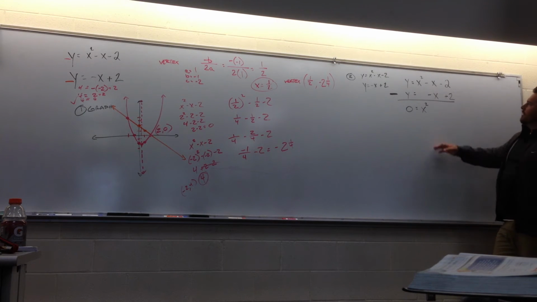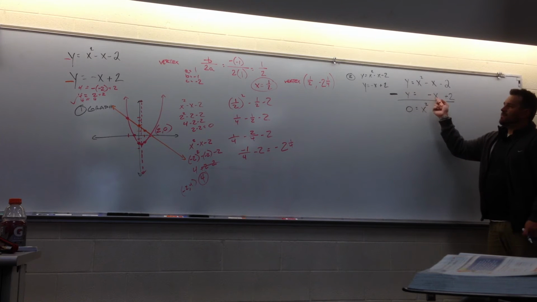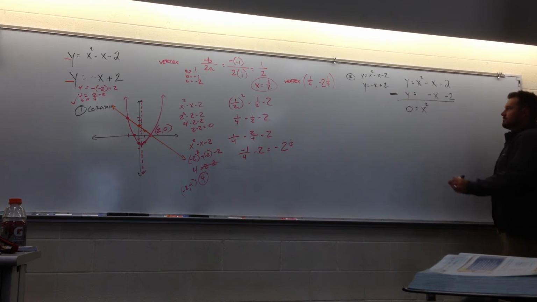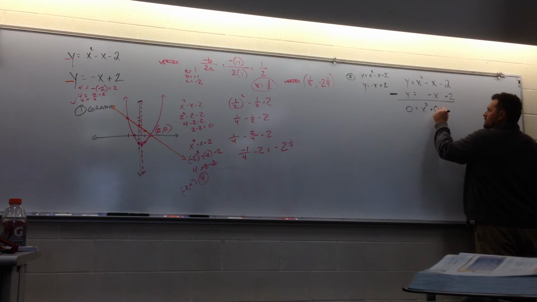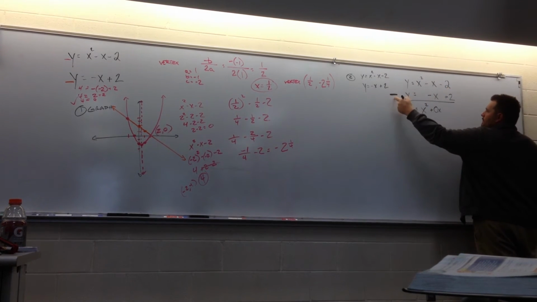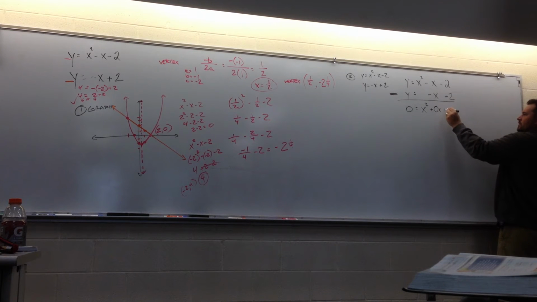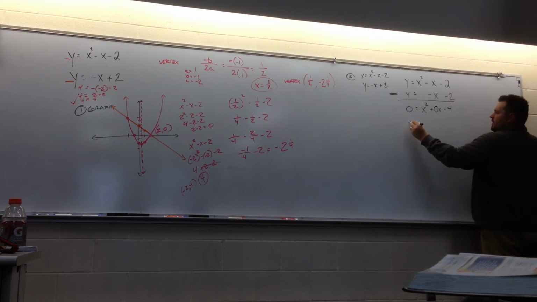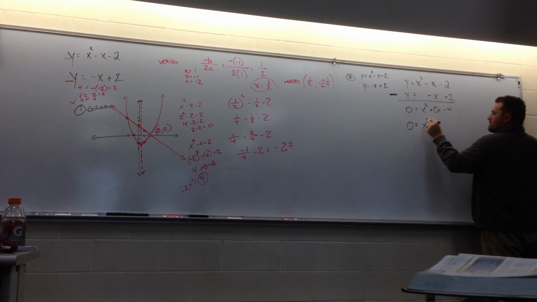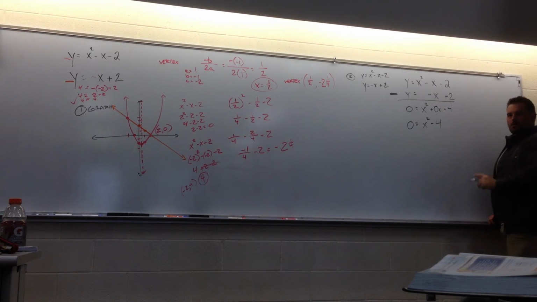What is minus negative x? It's like plus x. So negative x plus x is 0. Negative 2 minus 2 is negative 4. So what I have is 0 equals x squared minus 4.